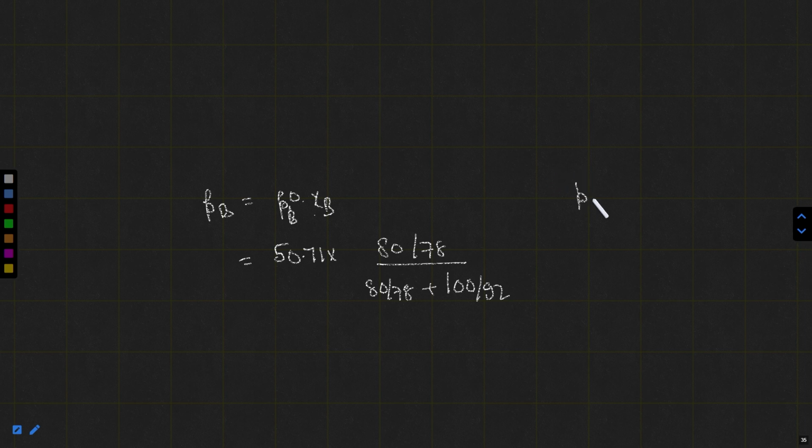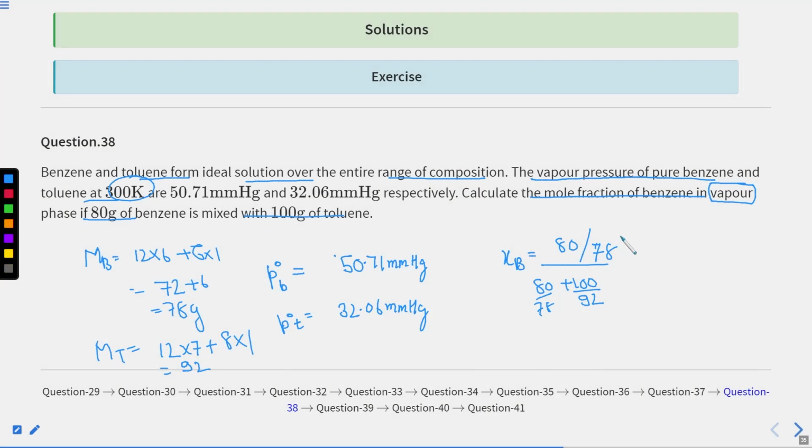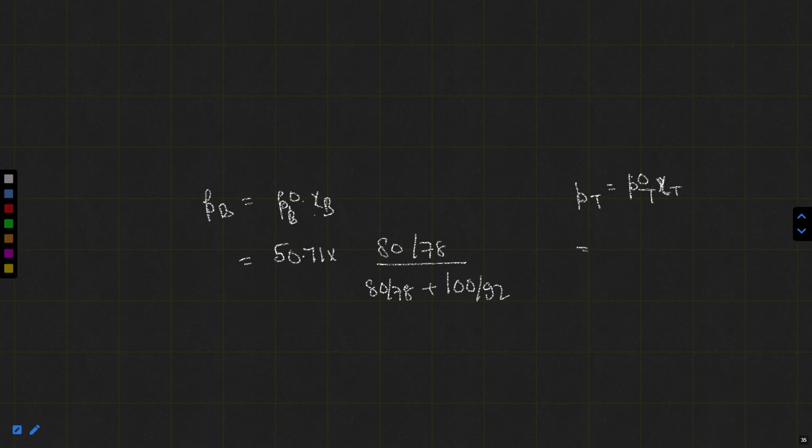Meanwhile, you can calculate P toluene also. That would be P naught T times chi T. For pure toluene, the vapor pressure is 32.06 multiplied by chi T, which is 1 minus 80 by 78 divided by 80 by 78 plus 100 by 92.